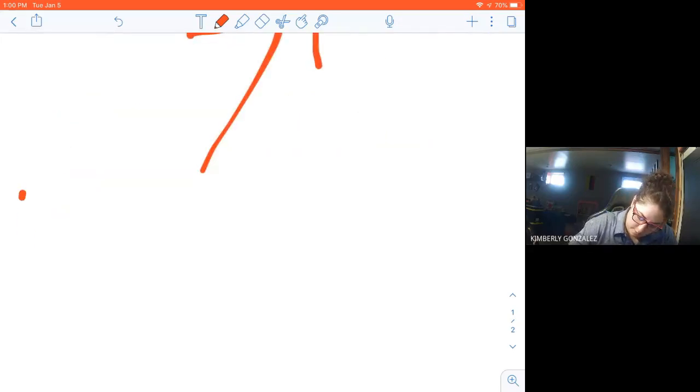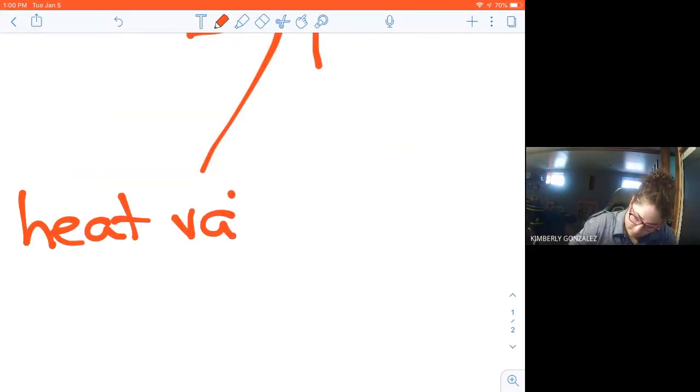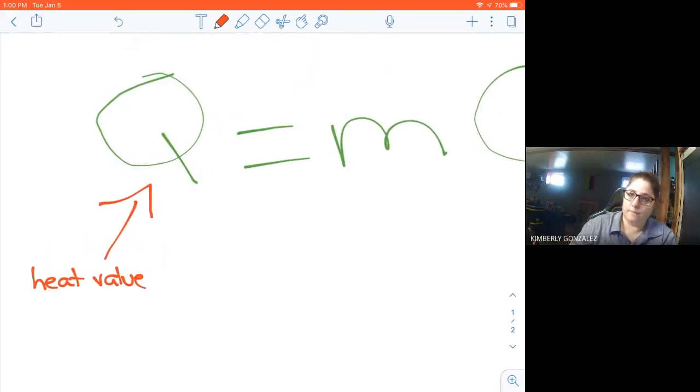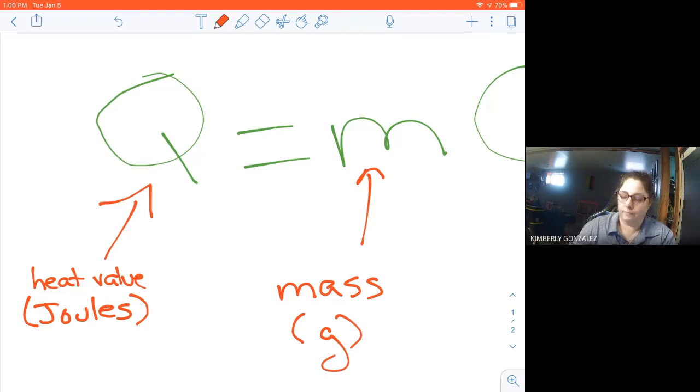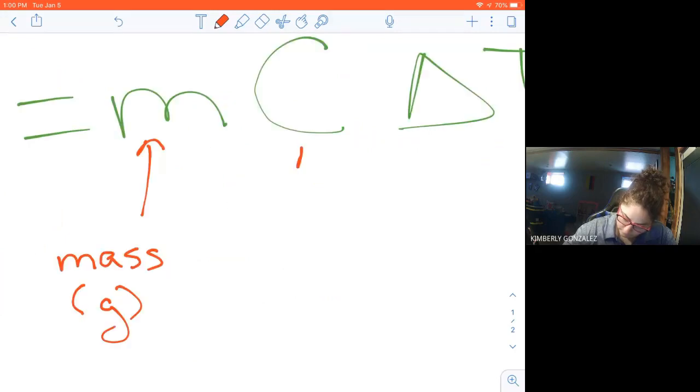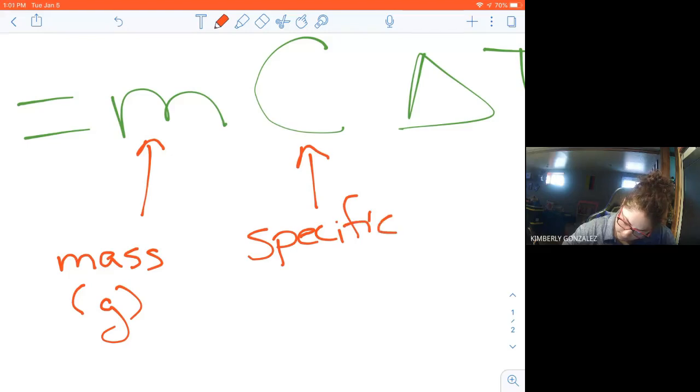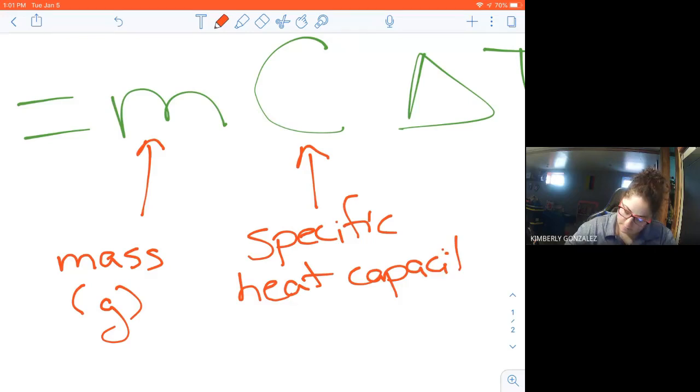Q is the heat value, which is going to be in joules or kilojoules. m is your mass, which should be in grams. c is your specific heat capacity.